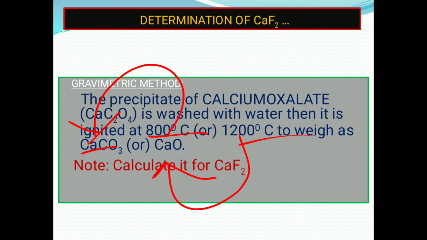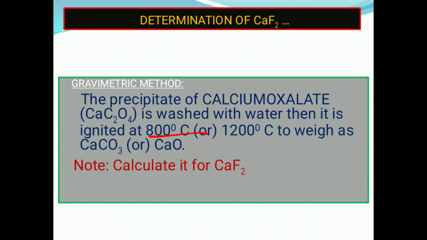If you use high temperature, that is 1200 degrees Celsius, for the ignition process, then calcium oxalate will lose 2 moles of carbon dioxide to produce calcium oxide. So here you need to calculate the calcium fluoride by using the factor.